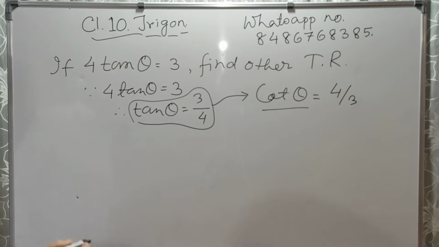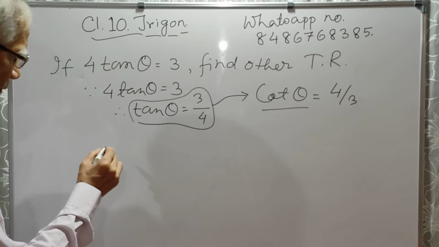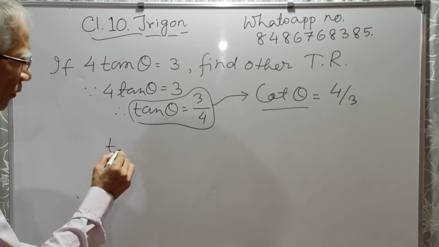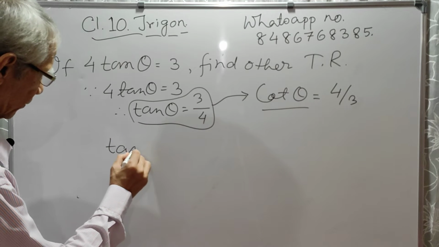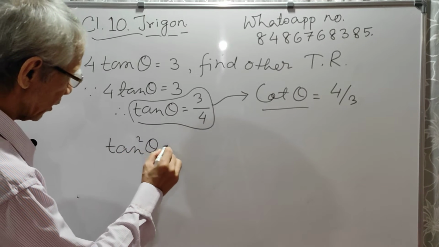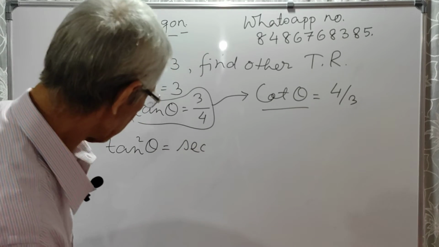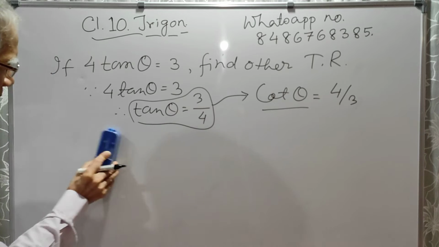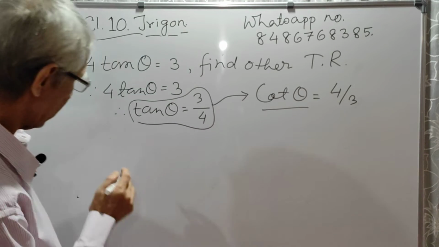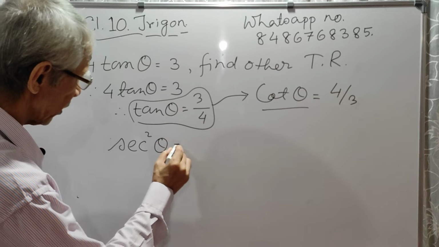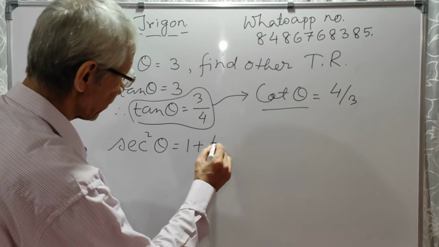Now, using the formula sec square theta equal to 1 plus tan square theta.